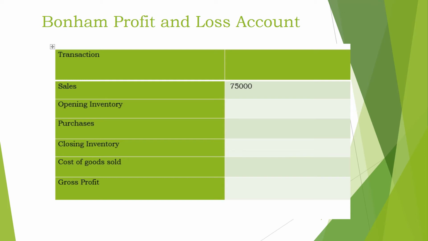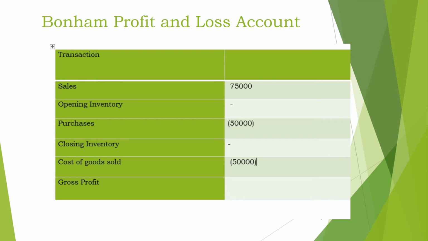Your opening inventory was 0. You sold all of the beds, so your closing inventory is 0. And your purchases were 50,000. So your cost of goods sold is 50,000.